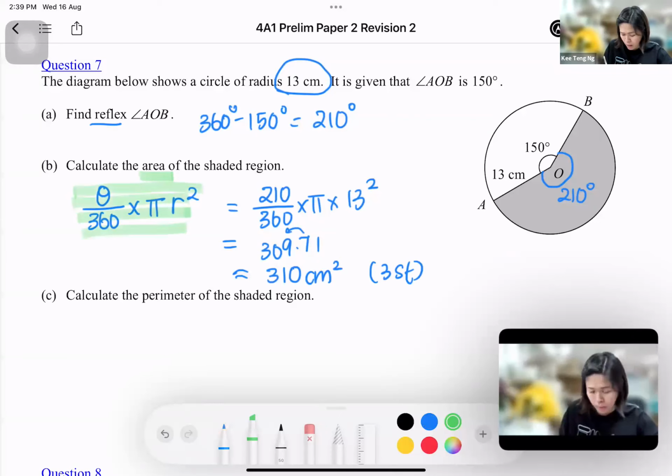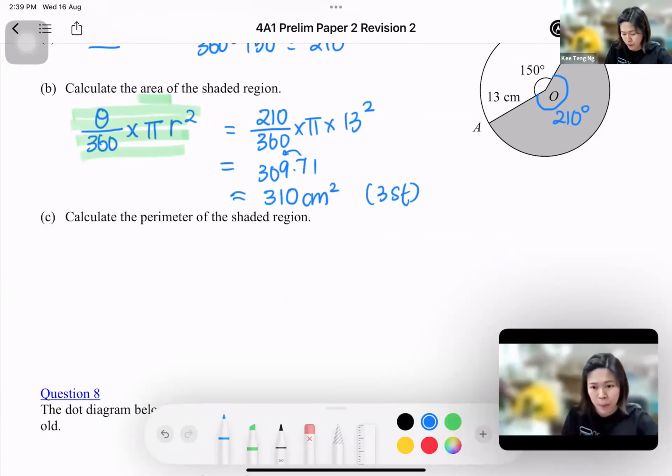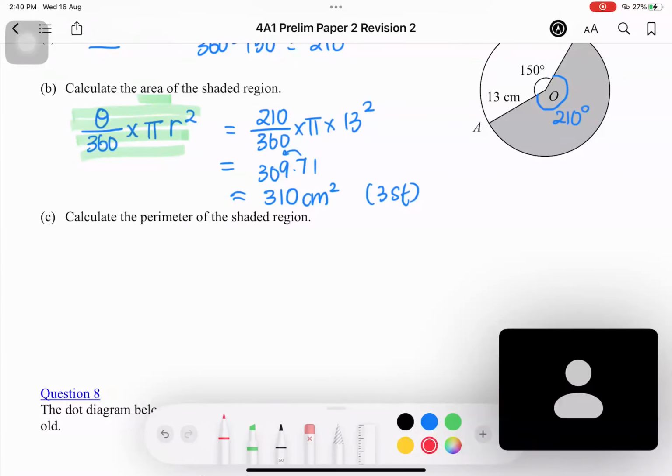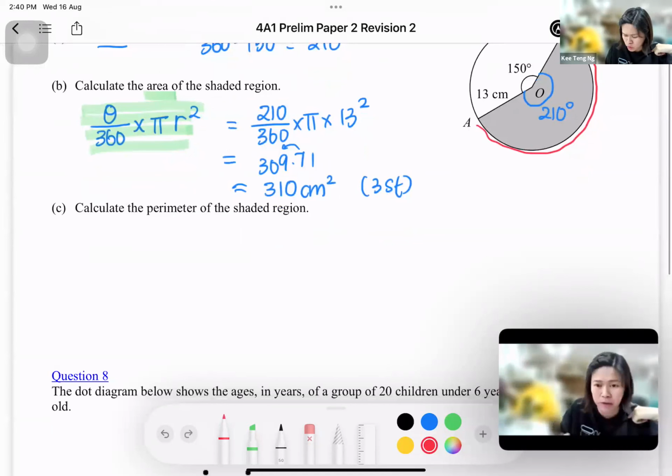Okay. Next, I want to find perimeter. If I want to find perimeter, is it a length or an area? Length, right? So in this case, I'm going to find the arc length first. So I find the arc length over here.